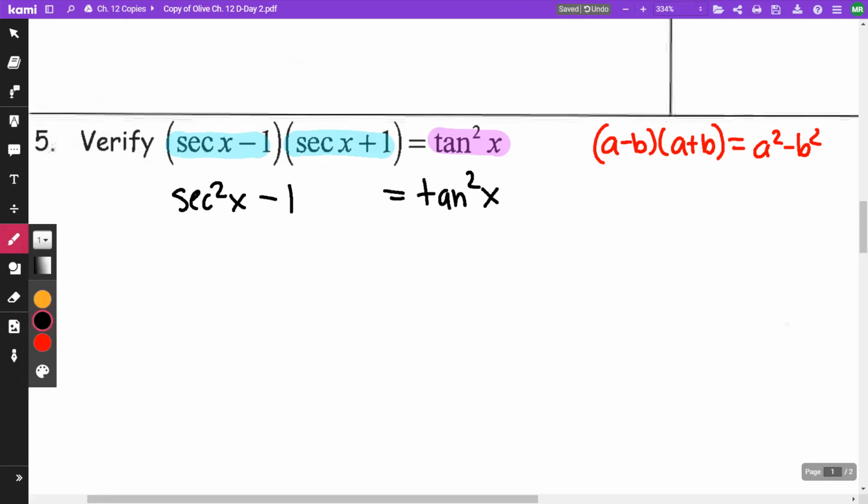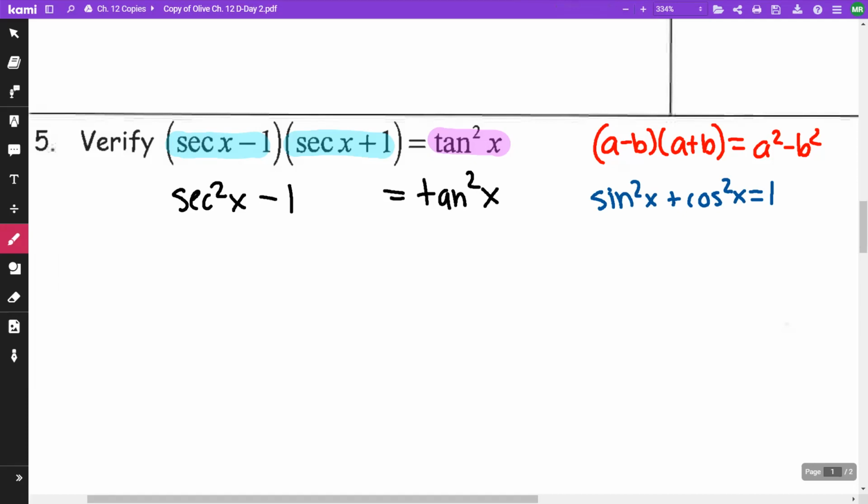Now, one of the formulas that we have, and I'm just going to remind us, if I take sine squared x plus cosine squared x equals 1, that is the Pythagorean identity used above. If I divide everything by cosine squared x, now we have this actual formula listed, but sometimes if I don't have it listed, I can just derive it here.